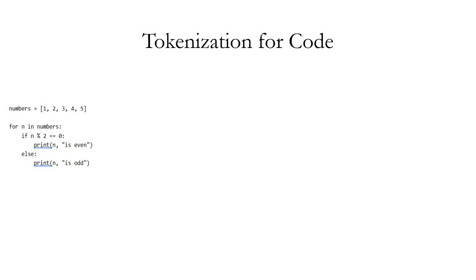It's a big thing now because people are using it to vibe code and asking LLMs to solve problems. So it's important to know how many tokens different language models produce. So here's an example of some code. Numbers is equal to 1 to 5, and then we've got a for loop, if it's even, then print, if it's odd, right? We go through each of the numbers and see if it's even or odd.